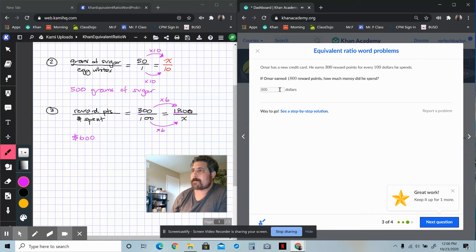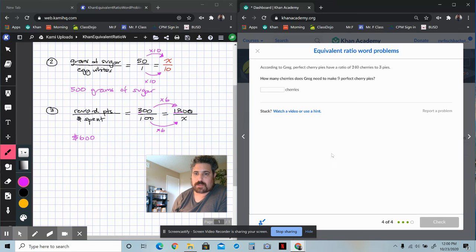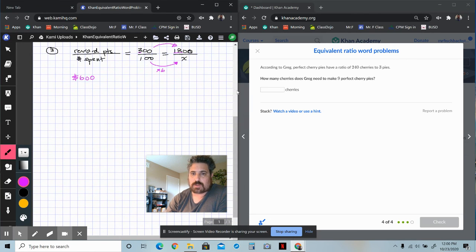All right. Let's do the next problem. So the next problem says, according to Greg, perfect cherry pies have a ratio of 240 cherries to 3 pies. So that basically means that if it's 240 cherries for every 3 pies, then the simplest form of that ratio would be 80 cherries for every 1 pie, right?